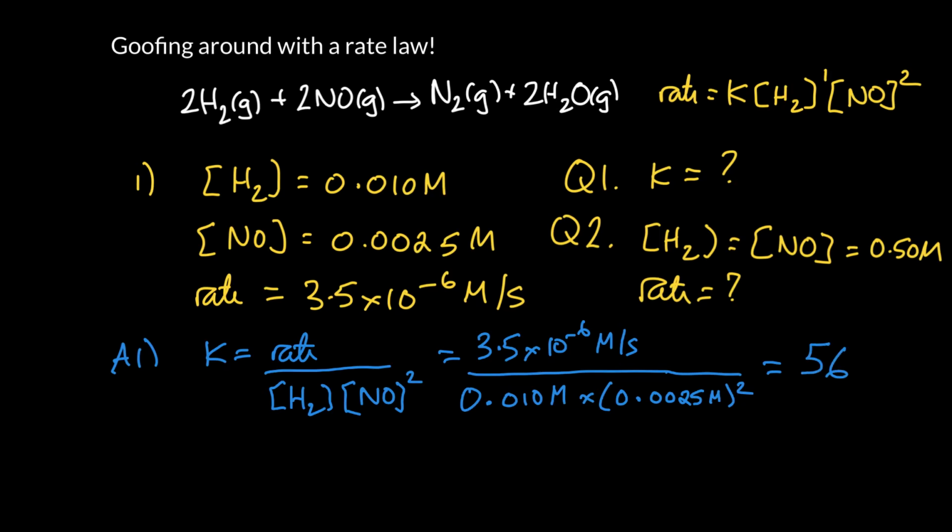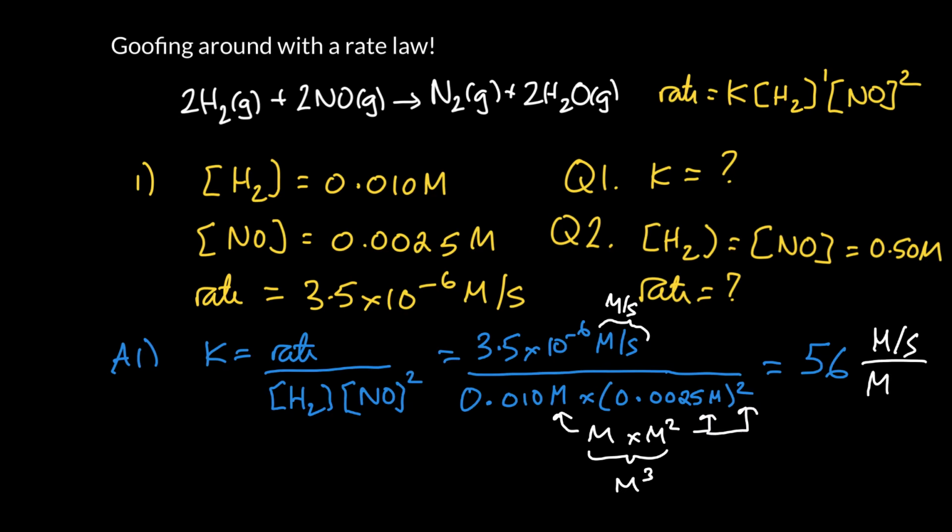Now, in terms of the units, they're kind of nifty. If I look at the bottom, I've got molarity, and I've got molarity, but I have to remember that I'm actually squaring it. So that's molarity times molarity squared, so that is molarity cubed. And on the top, I haven't done anything, so it's molarity per second. So I've got molarity per second divided by molarity cubed. What can I do with that? Well, molarity on the top will cancel with one of the molarities on the bottom, so it will leave me with molarity squared.